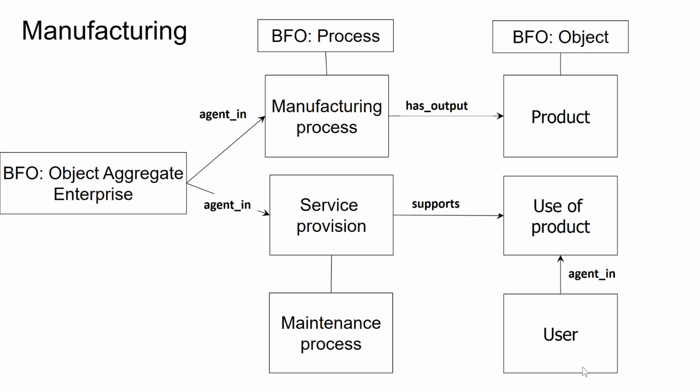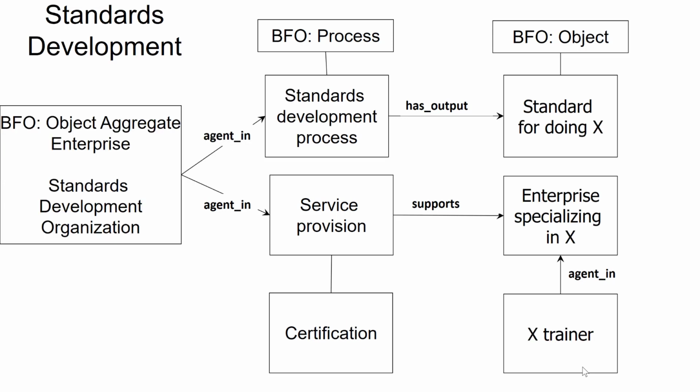Now, interestingly, we can look at standards development also from this product service perspective. One way of ensuring sustainability is to have your ontology become an international standard. So a standards development organization has as its output standards. And then they have service provision. One service provision which the ISO standard brings is certification.